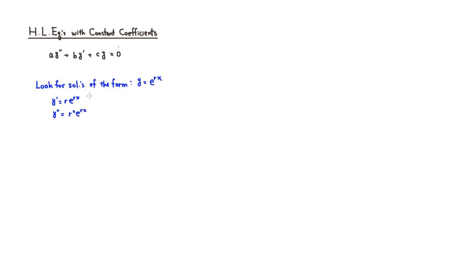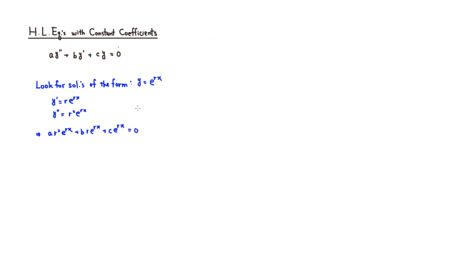Then if you plug all these back into the original equation, you get a times y double prime, which is r squared e to the rx, plus b times y prime, which is r e to the rx, plus c times e to the rx, and this is equal to 0.